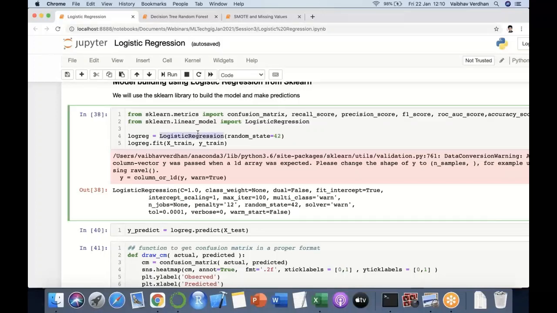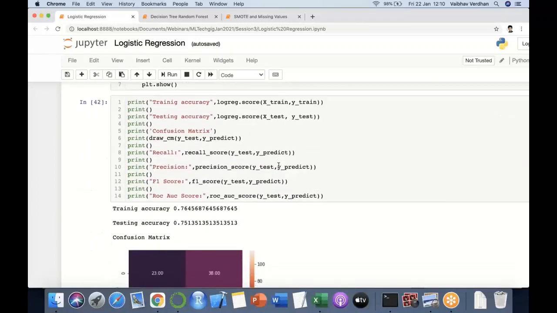Random state means that if you want to reproduce the results, you can set a random state equal to 42 or 10 or 5 or 6, whatever. Ultimately it's a number which is used to reproduce your results.